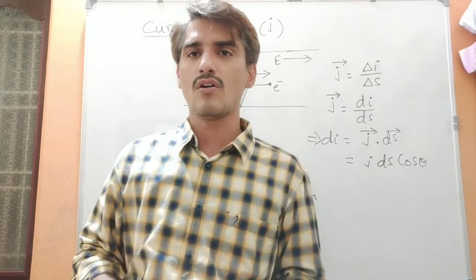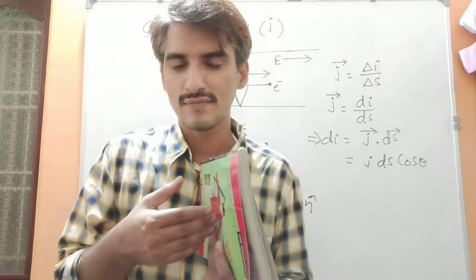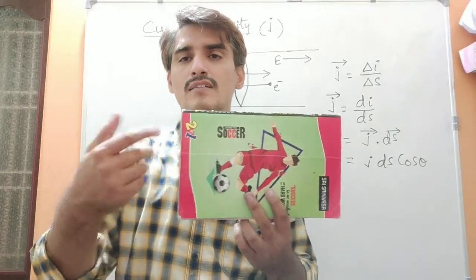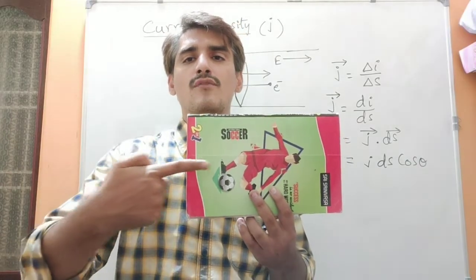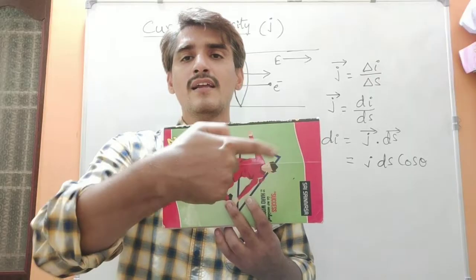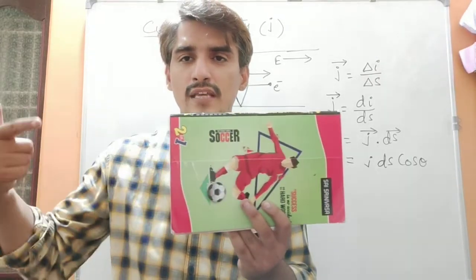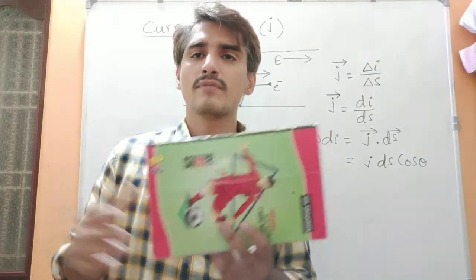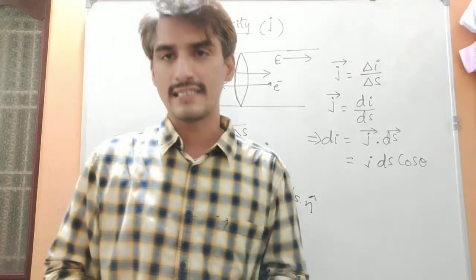If it is 0 or 180, that much current will flow through this area. But if the area is kept like this, then no current flows, because the direction of the area is like this and the current is flowing like this. The angle between current density and area is 90 degrees.